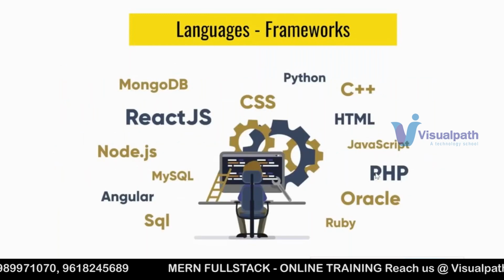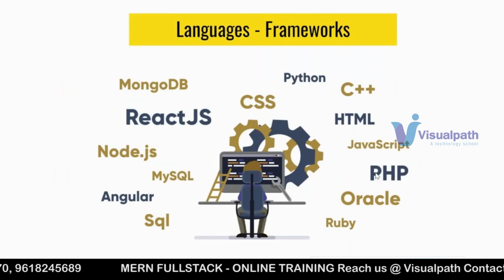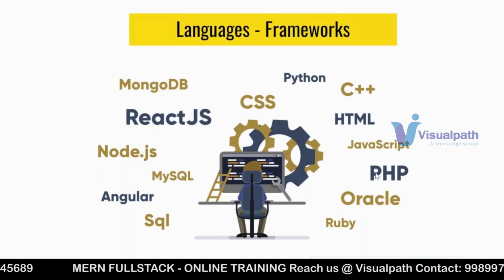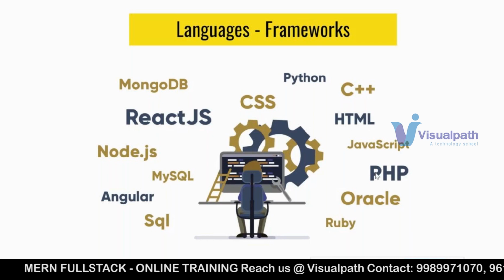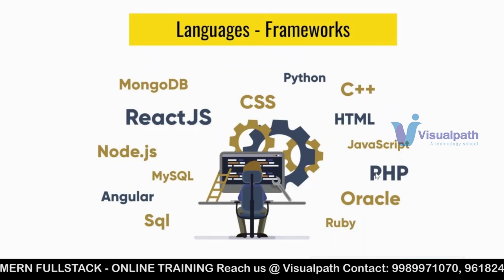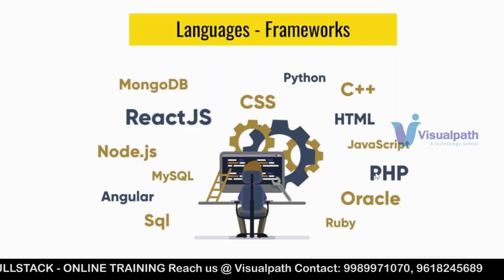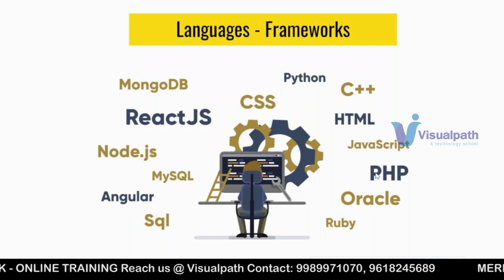And what are the frameworks we have? First, let us talk about the markup languages. HTML and CSS are markup languages, whereas C++, JavaScript, Python, PHP are all languages, right? Similarly, we have UI frameworks or libraries like React JS, Angular.